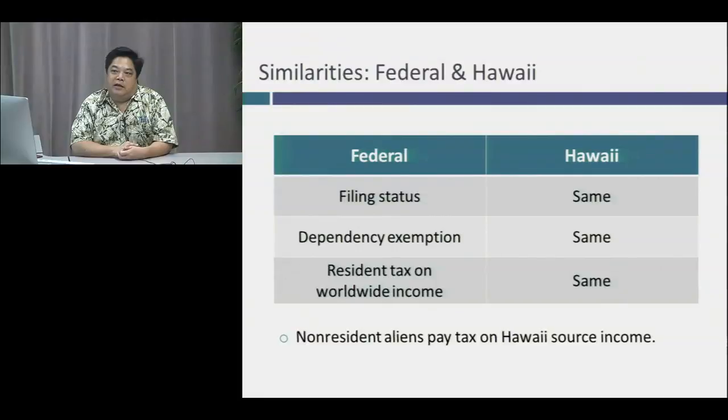If you're married and non-resident, you cannot put your child on the tax return, but if you're a resident, you can claim your child. And as far as taxing worldwide income, if you're a resident of Hawaii, you have to report all income, but if you're non-resident, you only report Hawaii income. So that's pretty much the similarities for federal and Hawaii.